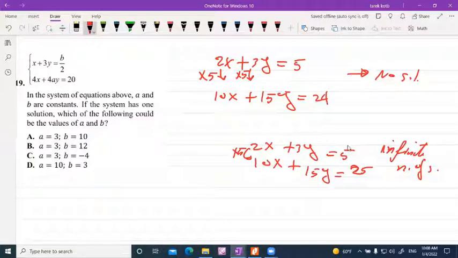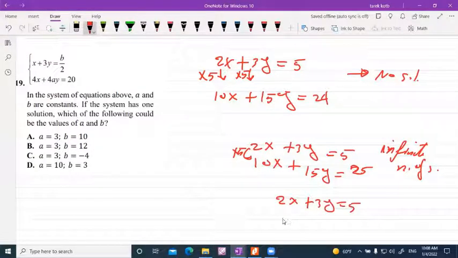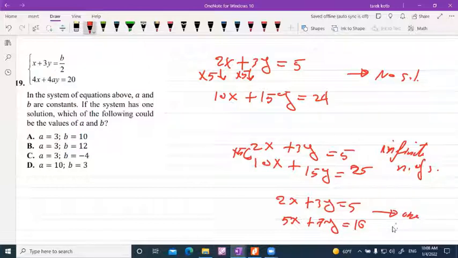The third case is when the two lines are totally different, like 2x plus 3y equals 5, and 5x plus 7y equals, let's say, 16. They are not multiplied by anything, whether the x or the y or anything. So this is different, so they have one solution.